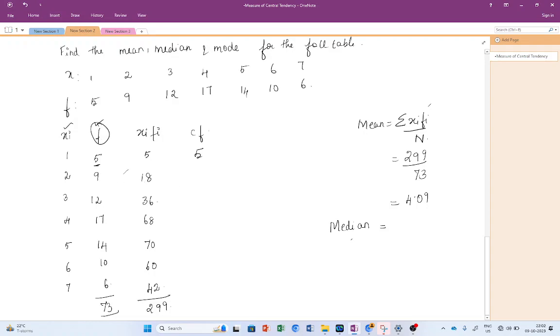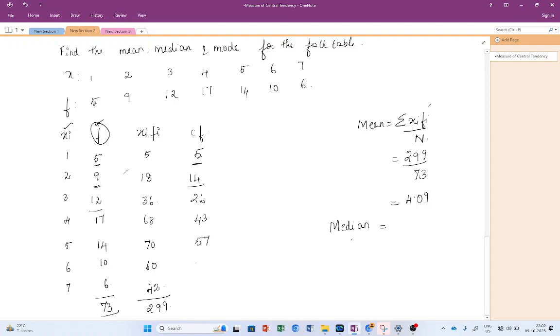Next you have to add this 9 and this 5. So 9 plus 5 is 14. After that 14 plus 12 should be added. So it is 26. Next 26 and 17, which will give you 43. Next 43 and 14, which is 57.